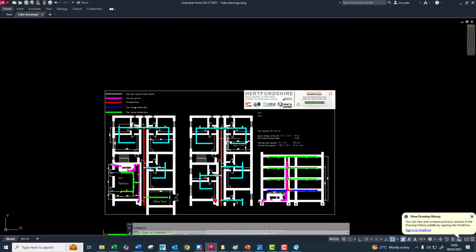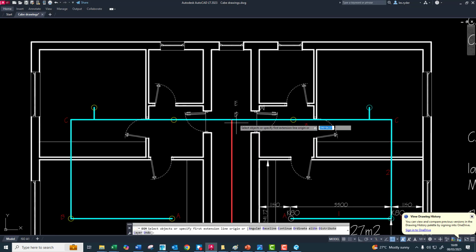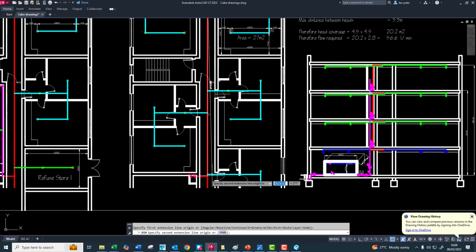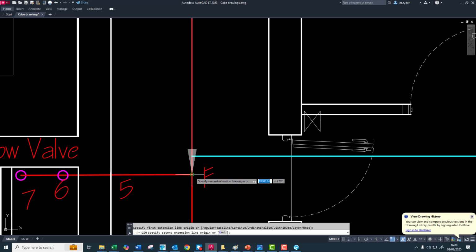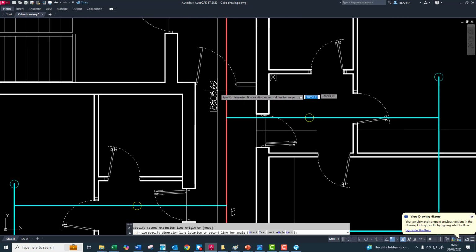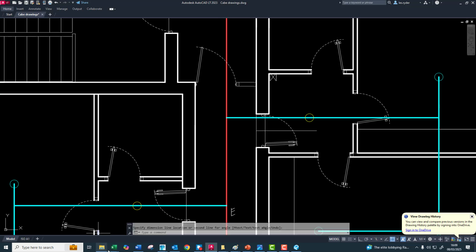We'll get a dimension on that. I'm going to guess that one, and that to that point there is 18.3.